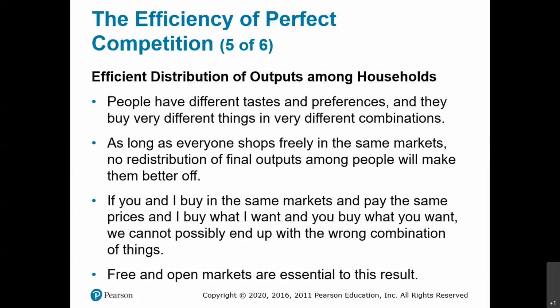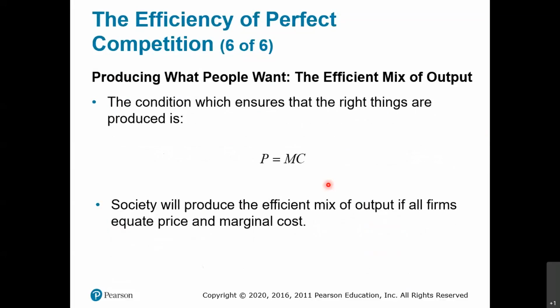However, in perfect competition, this equation, price equals marginal cost, is key. Now remember, firms will go to marginal revenue equals marginal cost, but in perfect competition, price equals marginal revenue. Now, price is what the demanders pay. That represents the benefits to society, benefits to people in the community of that product being made and consumed. And marginal cost represents, remember we have opportunity cost in there, the cost to society of making and producing it.